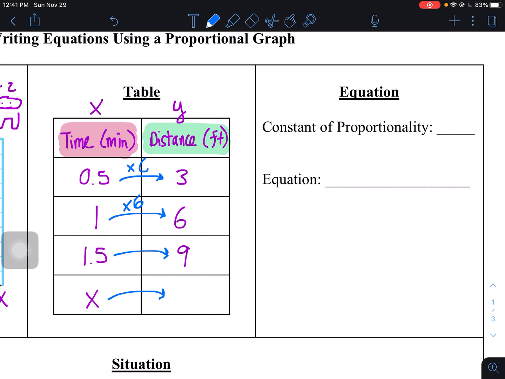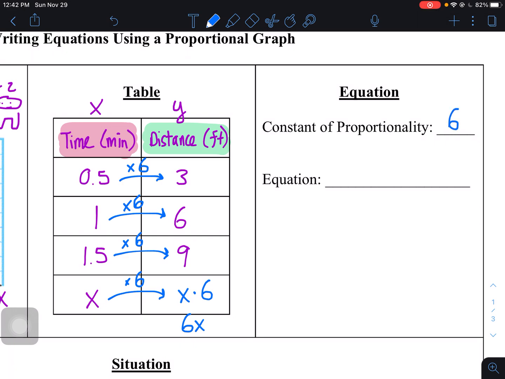0.5 times 6 is 3. 1.5 times 6 is 9. Good. So that means anything we multiply times our minutes or our time must be times 6 to find our distance. We could write that as x times 6 or 6x.